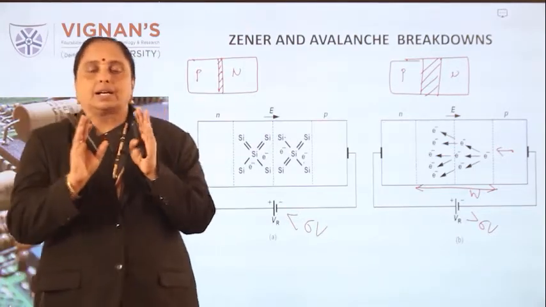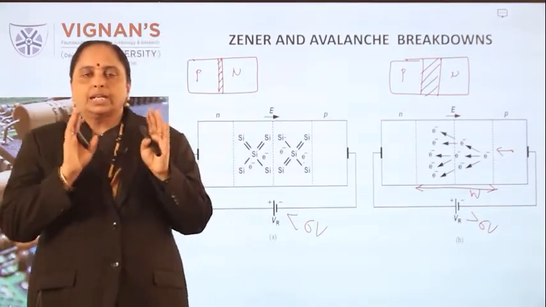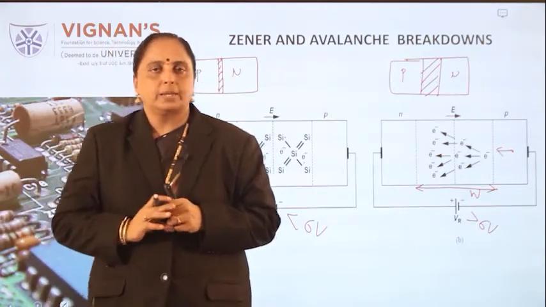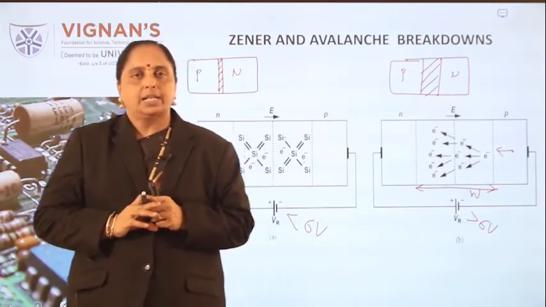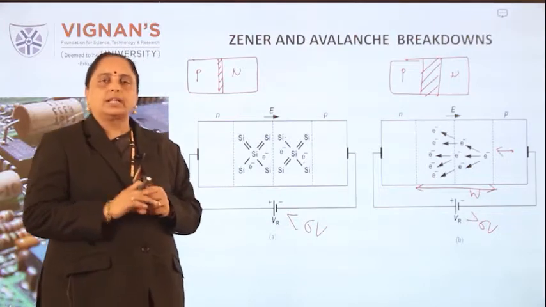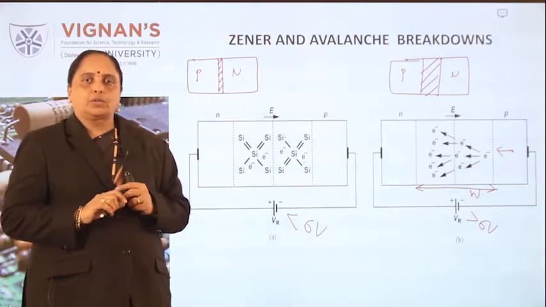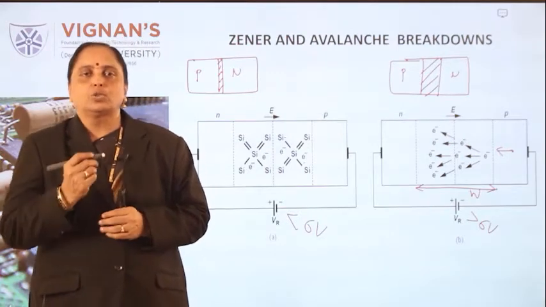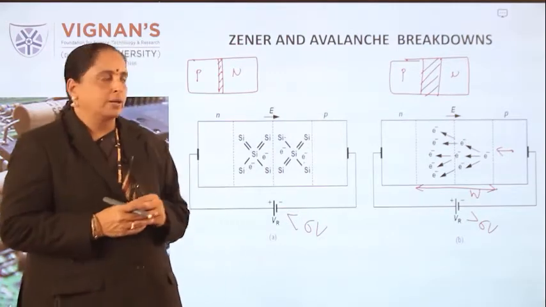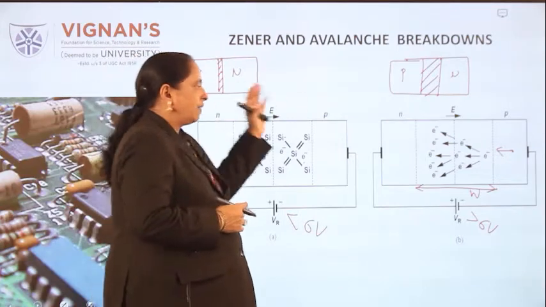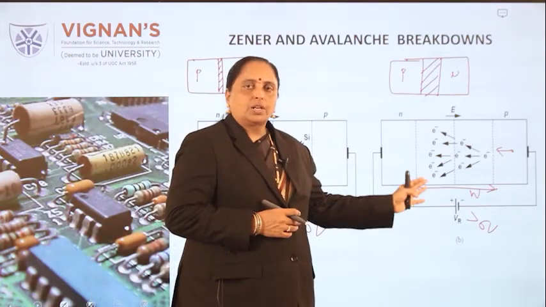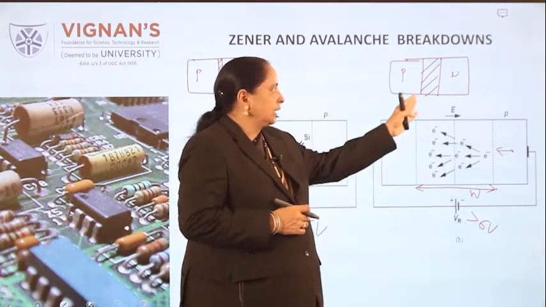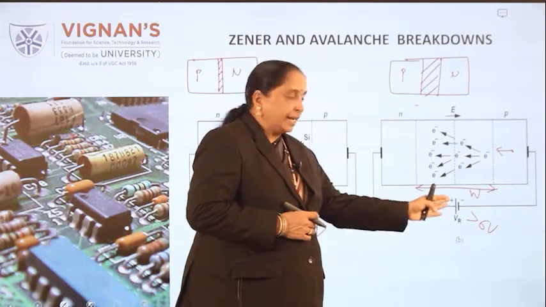Now, let us conclude. There are two types of breakdown mechanisms in any semiconductor material. One is Zener breakdown, the other one is avalanche breakdown. This totally depends upon the doping concentrations used in that particular construction. In case of avalanche breakdown, normal doping is preferred so that the depletion width is wide.